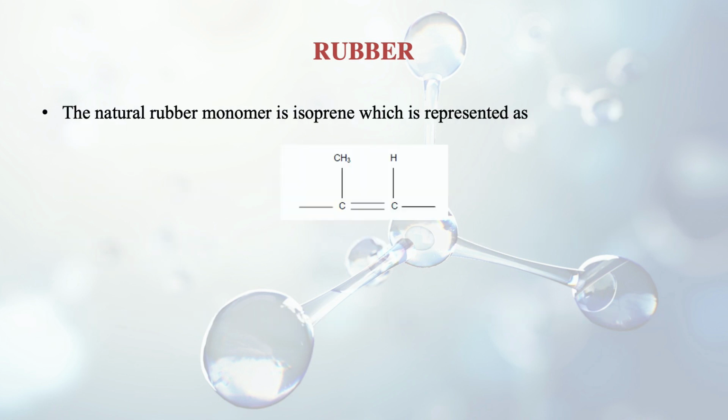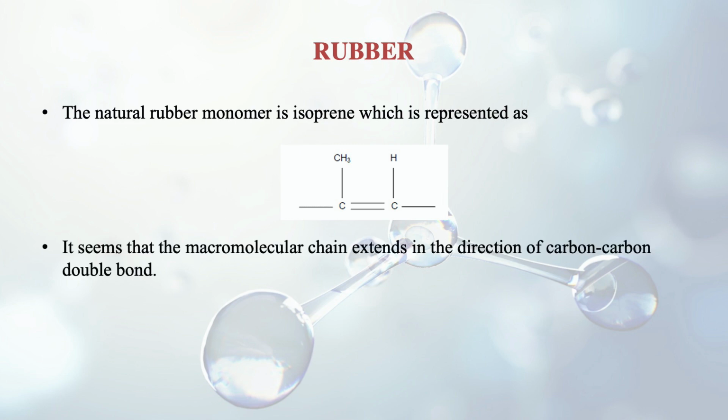Here you see the natural rubber monomer, which is isoprene as told earlier. You can see here there is a double bond between the carbon atoms, then there is the H atom and the CH3 group. So this is isoprene, and this double bond breaks and opens up and can combine with other similar monomers and form a polymer.